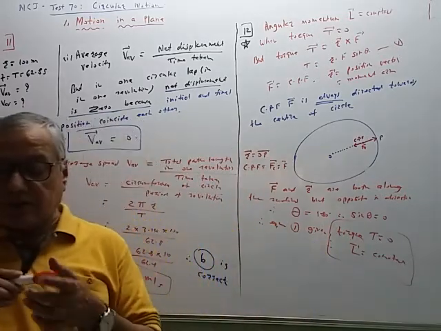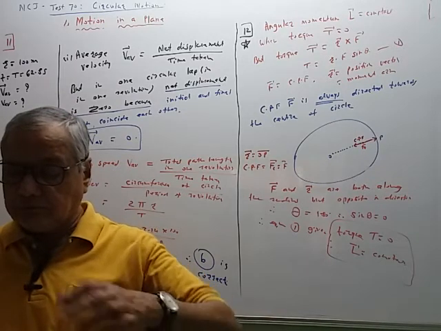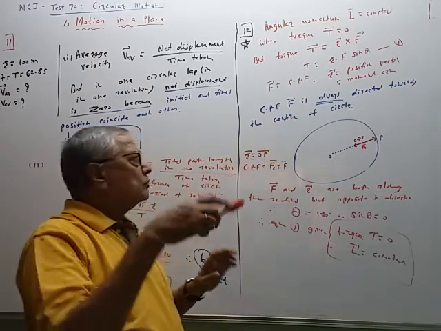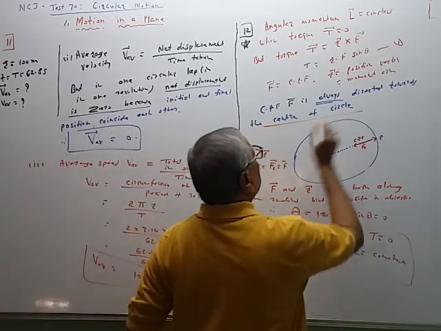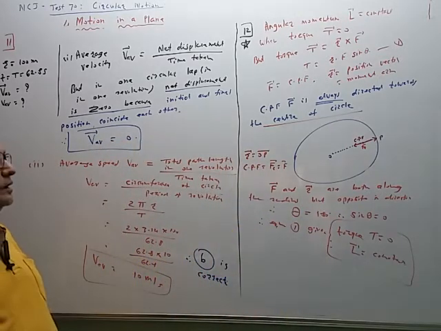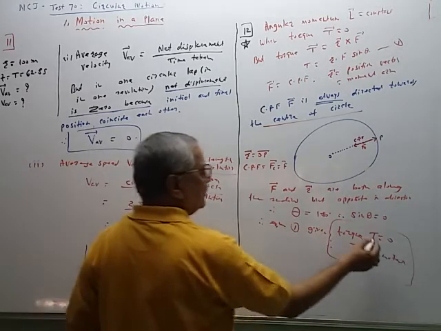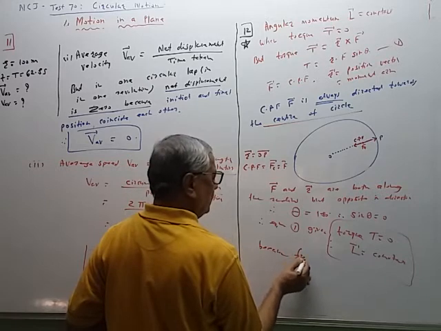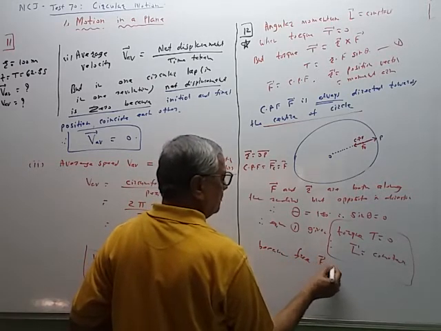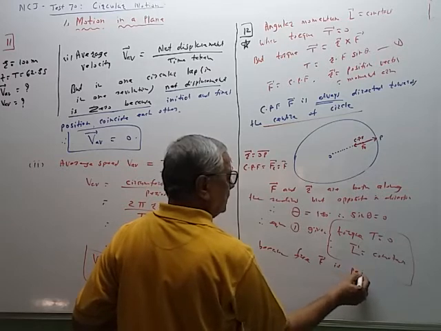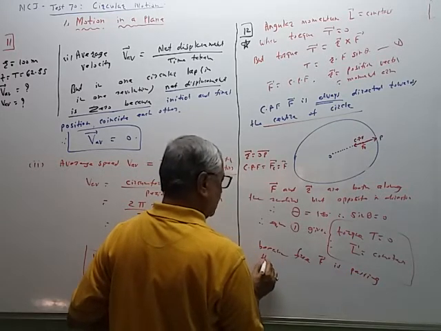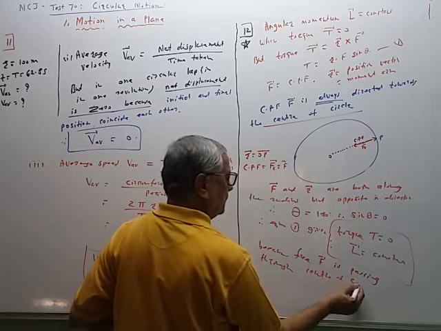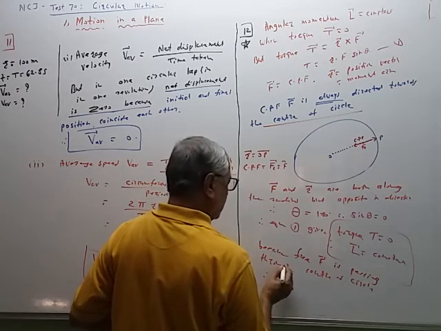So angular momentum remains constant when, what is the condition? About which point? That is the center of the circle. So when the force is acting along the radius toward the center, or through the center, torque T is equal to 0, and L is equal to constant, because force F is passing through the center of the circle.